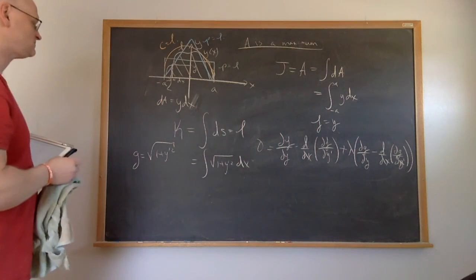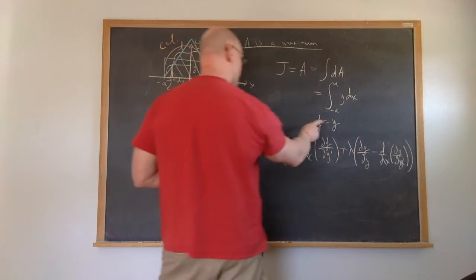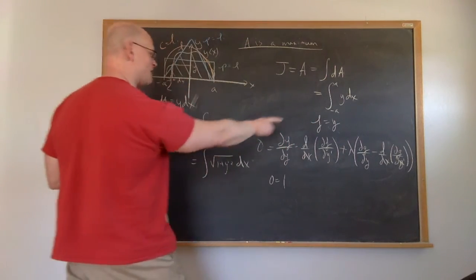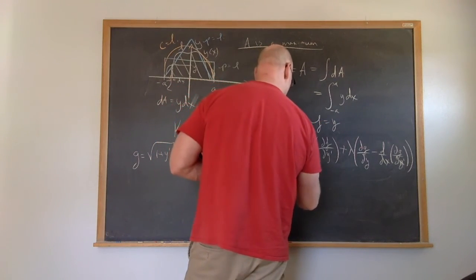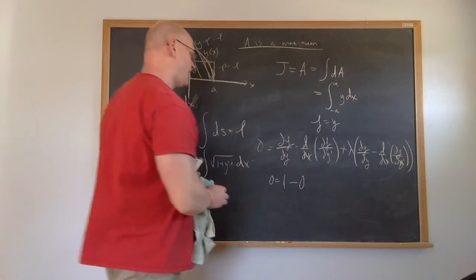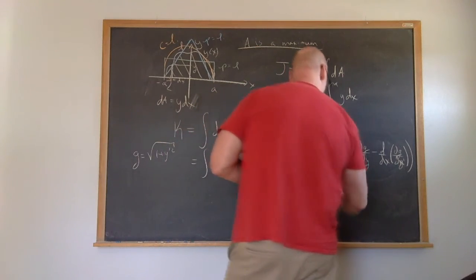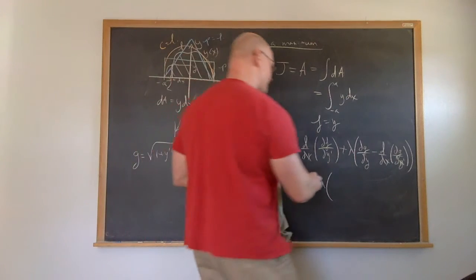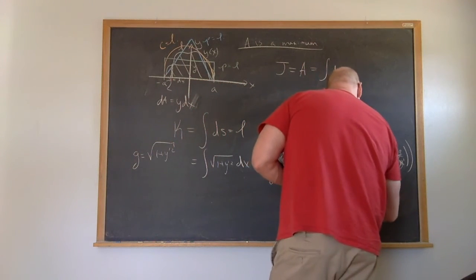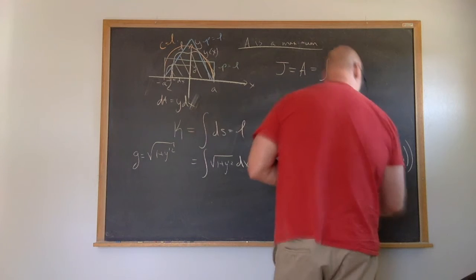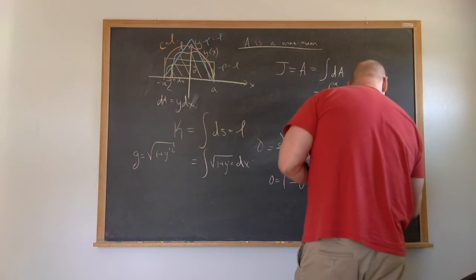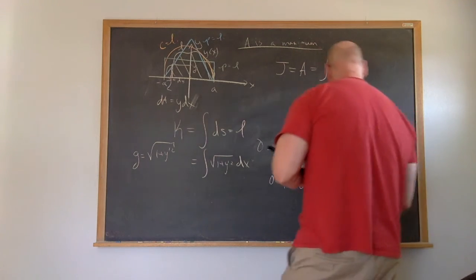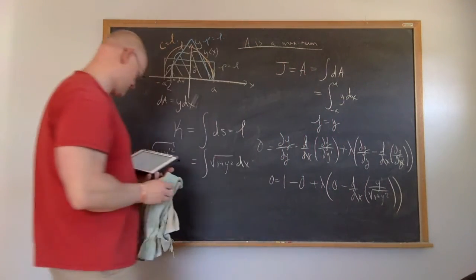From here, the partial of f with respect to y is simply equal to 1. There is no y prime component here, so this is simply minus 0. Then I get plus lambda times the partial derivative of g with respect to y. Well, there is no y dependence, so that is simply equal to 0. Minus d dx of y prime divided by the square root of 1 plus y prime squared. And all this has to be equal to 0.